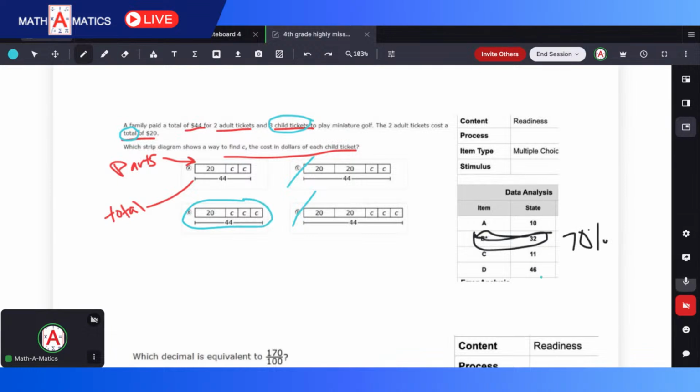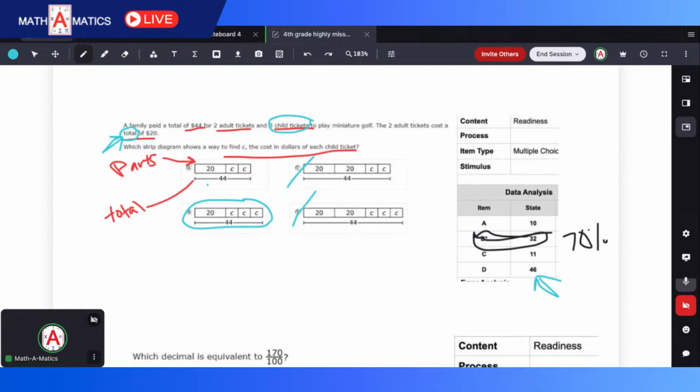But look at which answer choice was also the highest chosen. It was 46. And I suspect it's because of that word total. A lot of our students assumed that each adult cost $20 each. These are the kind of small errors that make these a highly missed problem, as well as, like I shared at the beginning, a lot of the times our students don't understand the strip diagram format in the first place.